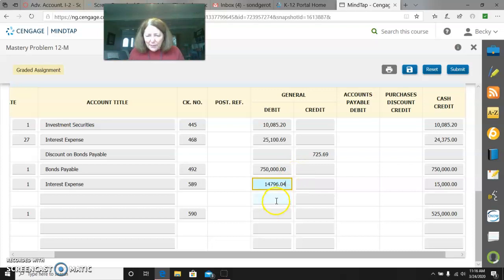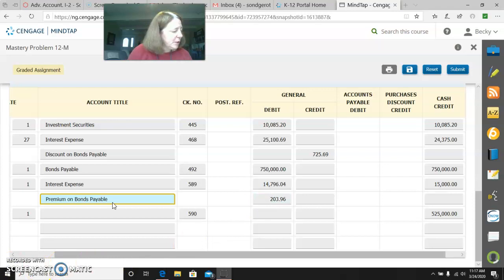And to make these equal, I need another debit of 203.96. And I know that is a premium on that bond that I am amortizing. Because when I amortize a premium, it's a debit. So it's normally a credit. When I amortize it, it's a debit.